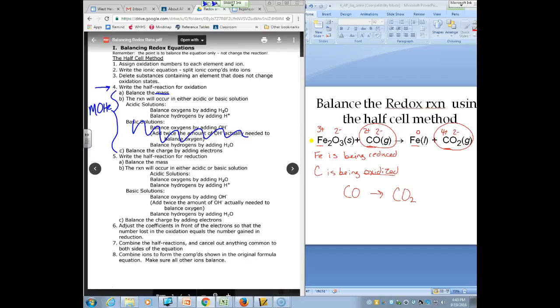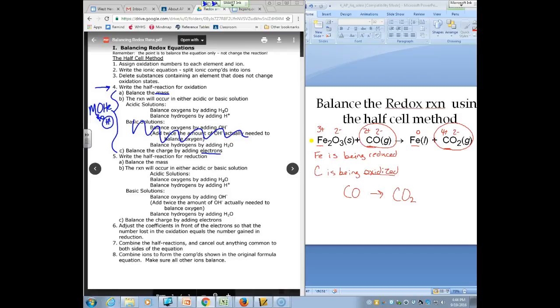Then you're going to, in acidic solution, balance your oxygens by adding water, and your hydrogens by adding H+. Since it's in acidic solution, we can expect some of that floating around. And then E stands for the electrons.